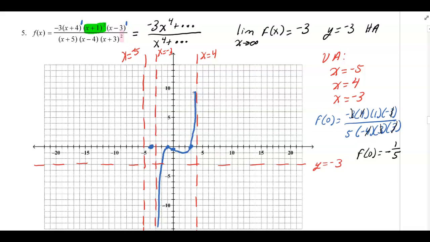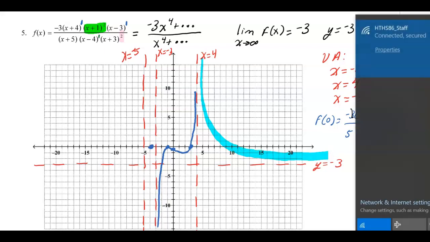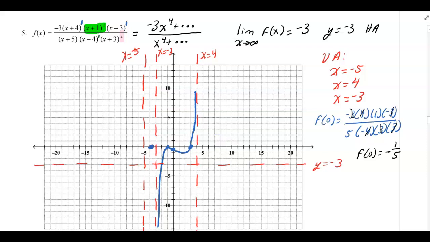Now I'm going to use the even and odd multiplicity. To the right of 4, the exponent is 1 here, so it has to start down at the bottom. Now let's assume you thought it started at the top and came down towards that horizontal asymptote. Well, you just created another x-intercept, which is not allowed. So the graph has to start down at the bottom and approach that horizontal asymptote.